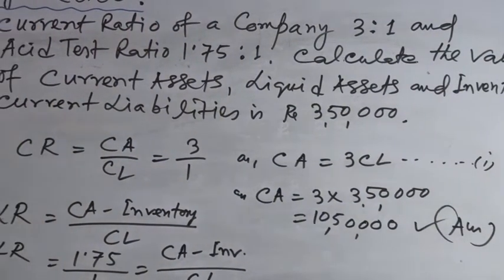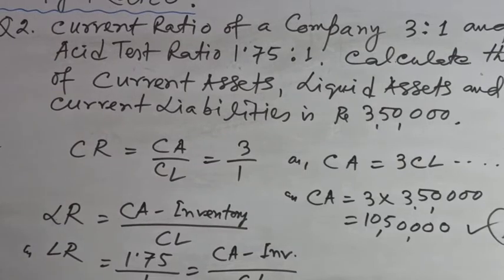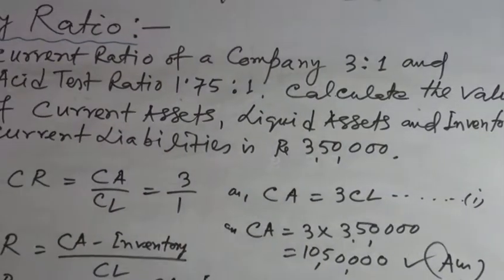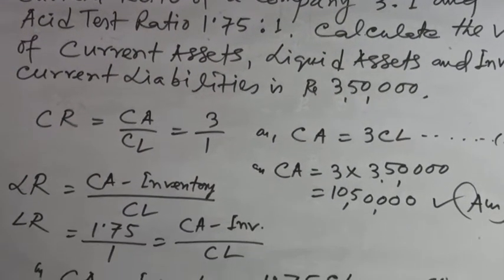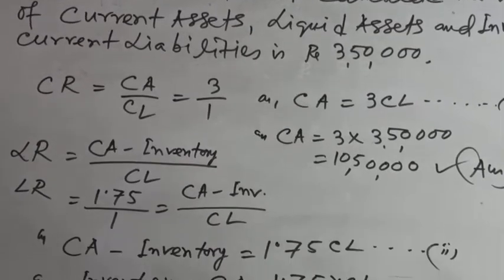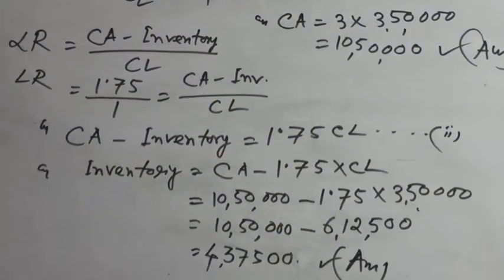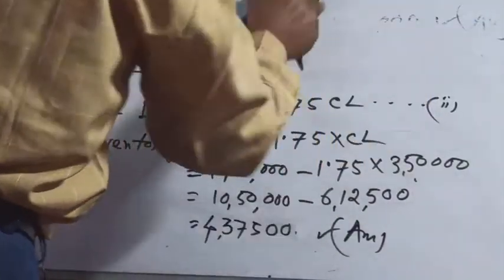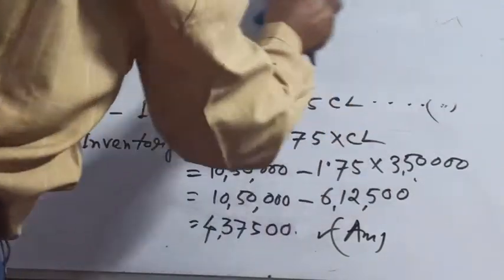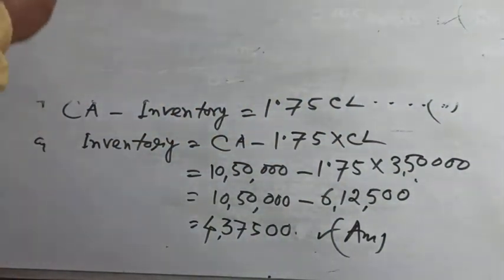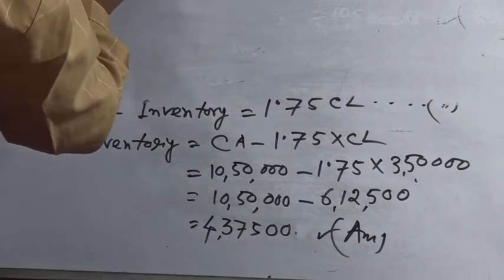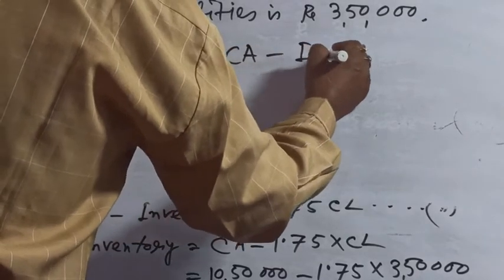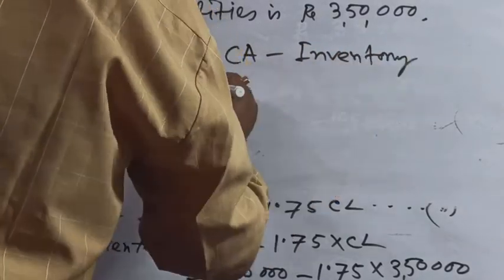You already know the formula, liquid assets equal to current assets minus inventory. Here liquid assets equal to CA minus inventory.